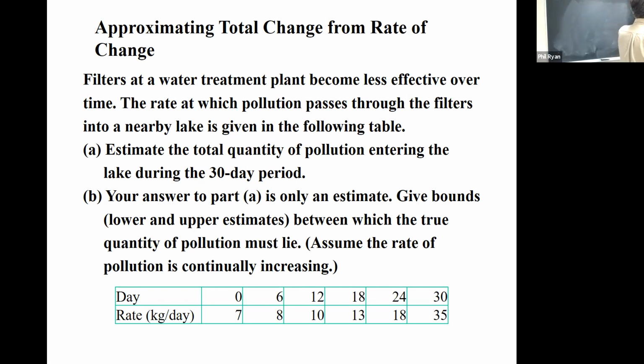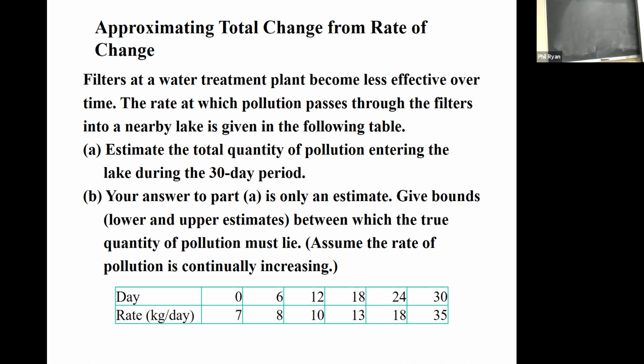So what we want to do is estimate the total quantity of pollution, and give bounds on what the pollution is. That's actually not so hard, because we see that the rate of pollution is continually increasing.